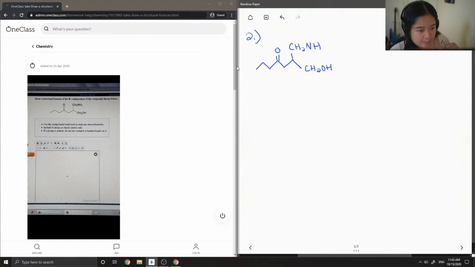So we use the wedge/hash bond tools to indicate stereochemistry. Include hydrogen atoms at chiral centers only. If a group is achiral, do not use wedged or hashed bonds on it.